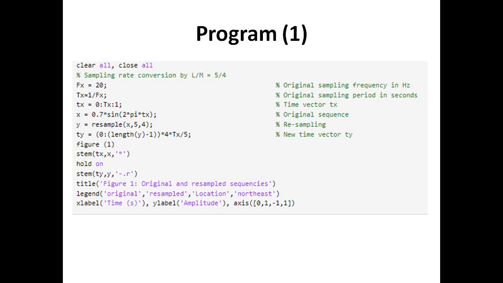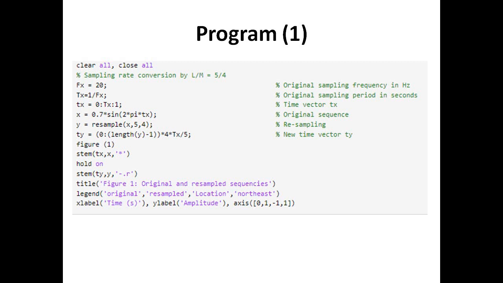And we have the resample function. The resample function gives the conversion rate by a factor of 5, 4, where x is the input sequence, 5 is the interpolation value, and 4 is the decimation value. All this is given in parentheses for the variable y.